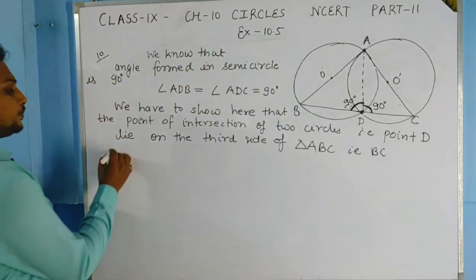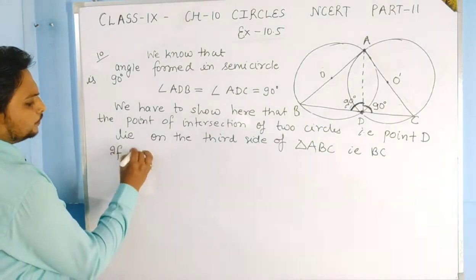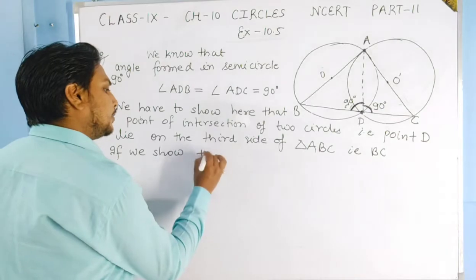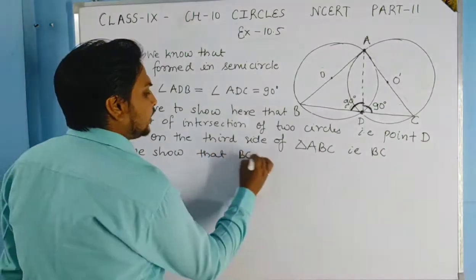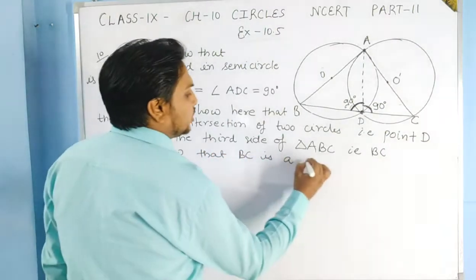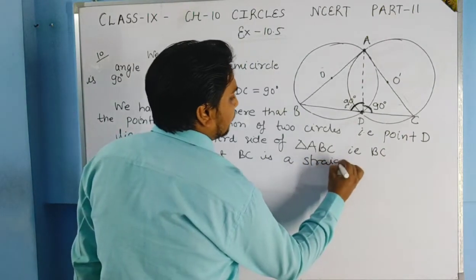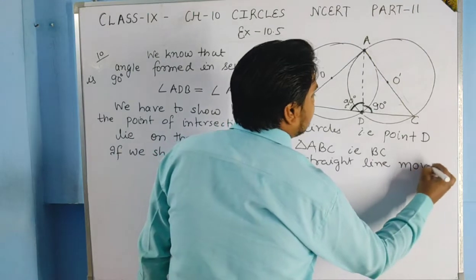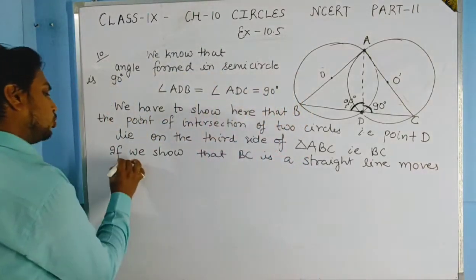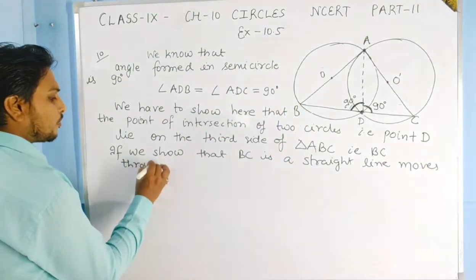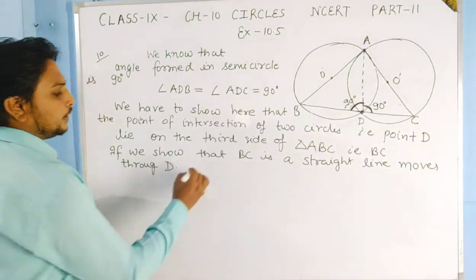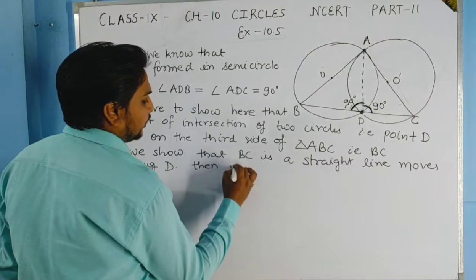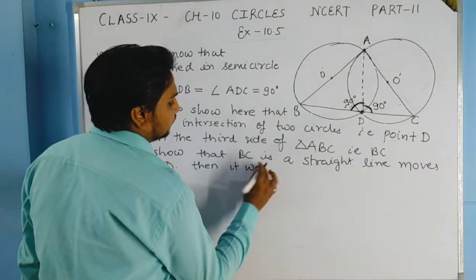Okay, so if we show that BC is a straight line that moves through D, then it will be proved.